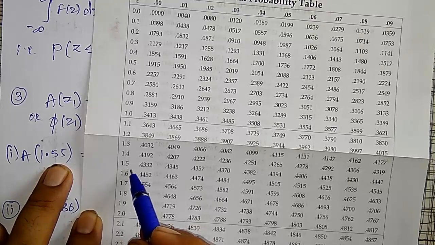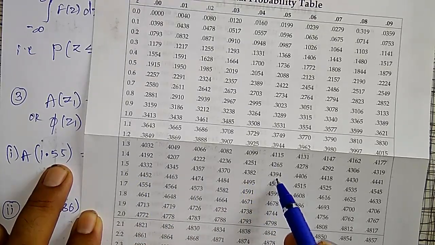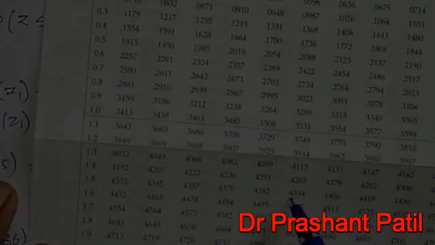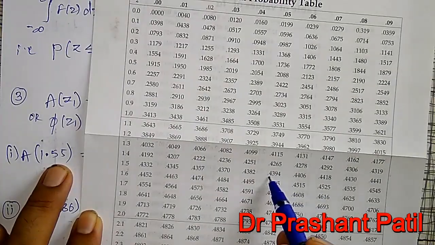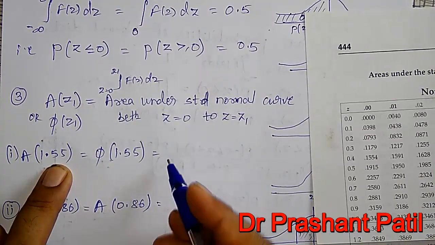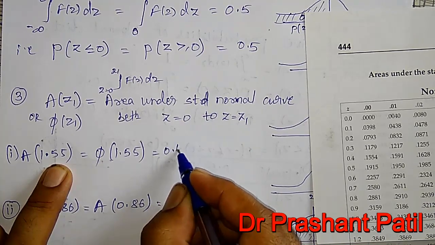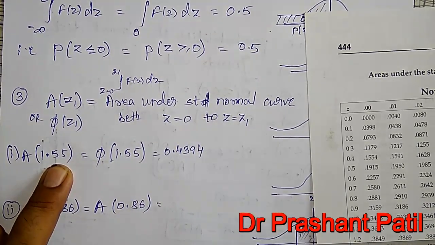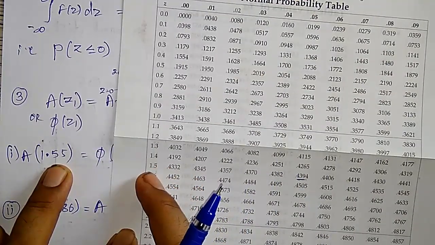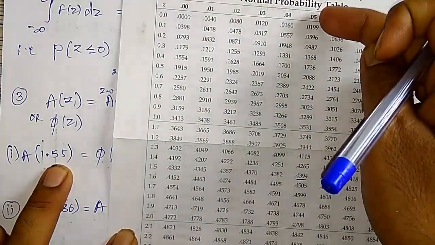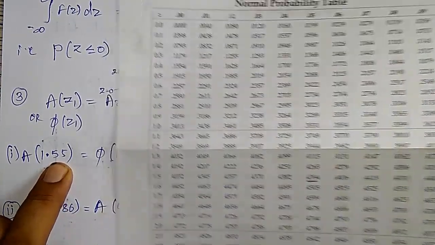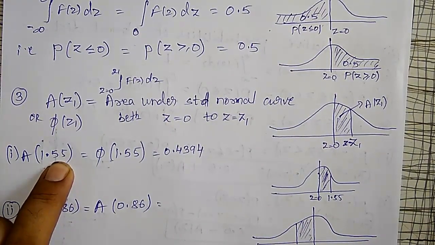This is my required area, 0.4394. Therefore, the area of this one is 0.4394. This is how to find it. First, 1.5, and in the same row you have to go up to 0.5. That will give you 0.4394. This is using the table.